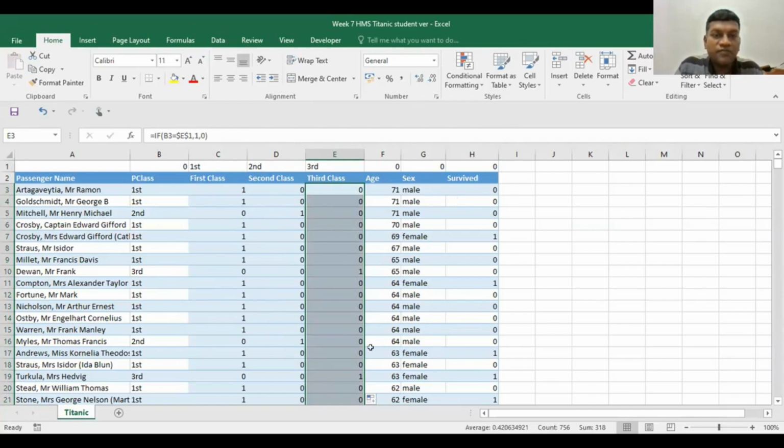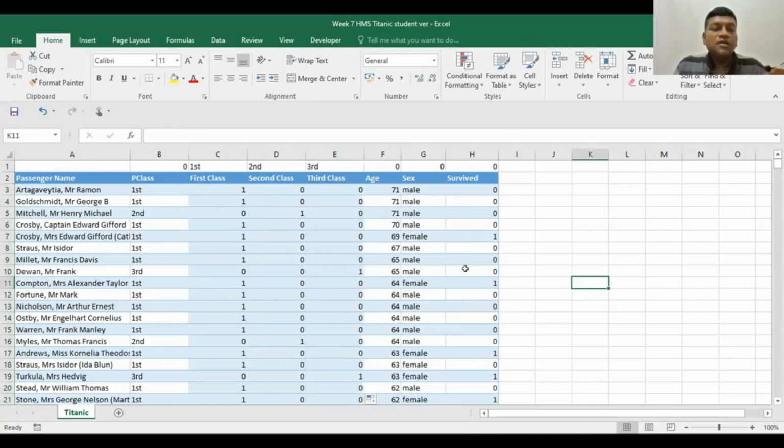Third, fine. So I've got the first classification of data. I know how each of those passengers traveled. I've just used a formula. I hope it's a simple exercise. I hope we are all following. I hope there's no issue with this.